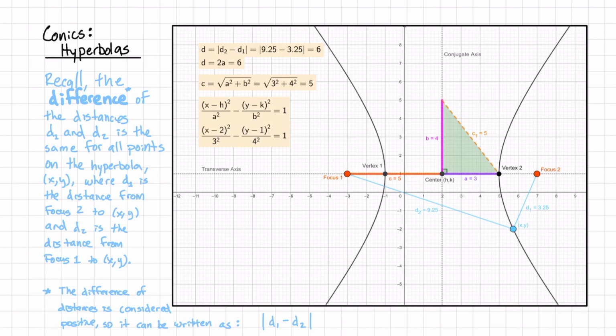All right, now this time let's talk about the relationship between our a's, b's, and c's. We need to look for that right triangle relationship like we did with the ellipse, but on the hyperbola, the hypotenuse is c. The reason this is different is because our foci are outside of the distance of our a's. If this was an ellipse, our foci would be inside, but this time our foci are outside of it.